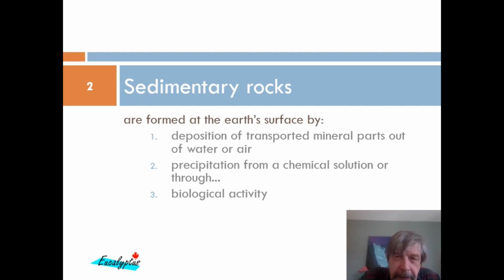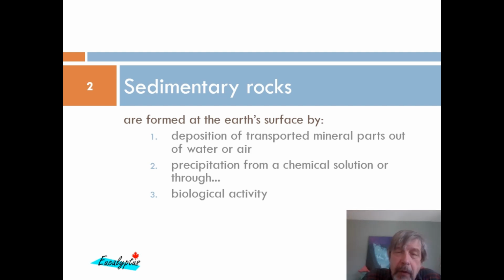And of course, we can have chemical solutions that are high in dissolved salts, right? And then there's often in warm climates where you have a lot of evaporation, then we exceed the solution product, right? The maximum amount of salt that can be dissolved in water of a certain type.